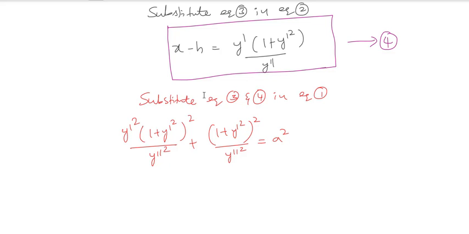Because it's a square, that is why I'm directly representing it in square form. Now if I simplify it, we get 1 plus y dash square whole square into 1 plus y dash square, which is equal to y double dash square into a square.